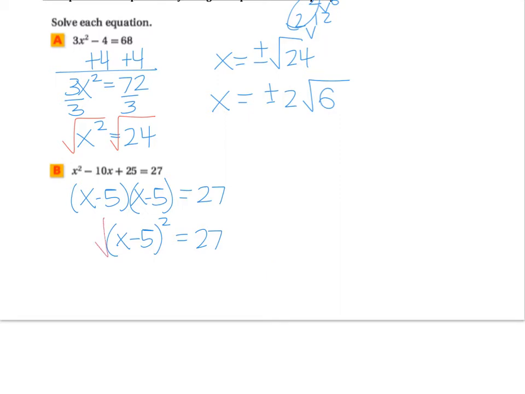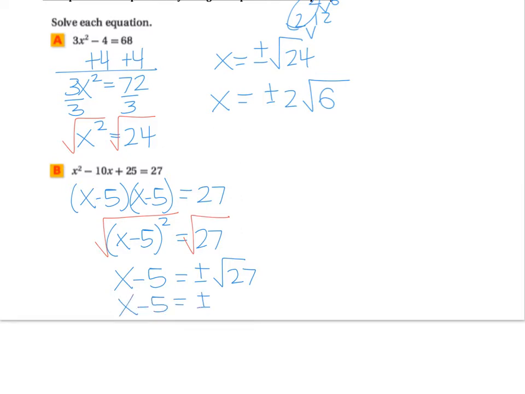And then I can take the square root of both sides. What's left over when you take the square root is just what's underneath the radical. Simplify that.